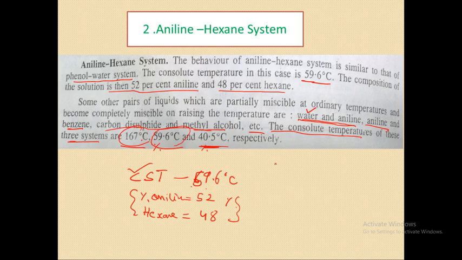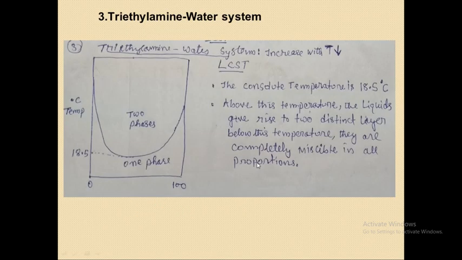So this is all about the aniline and hexane system and some other types of upper critical solution temperature systems. Okay, another type of mutual miscibility graph is that of triethylamine.